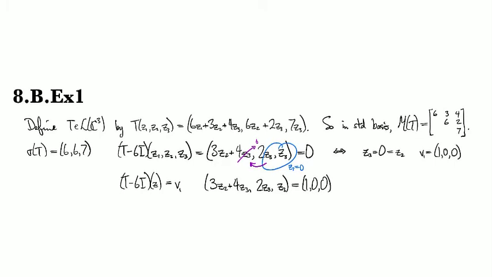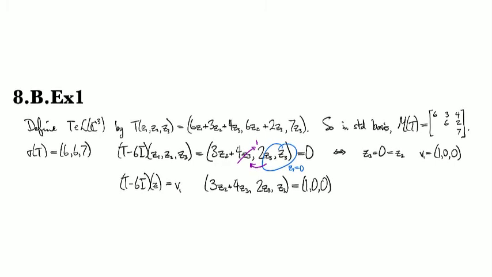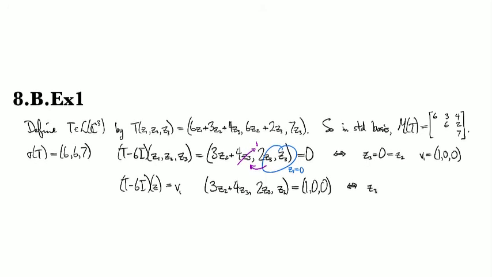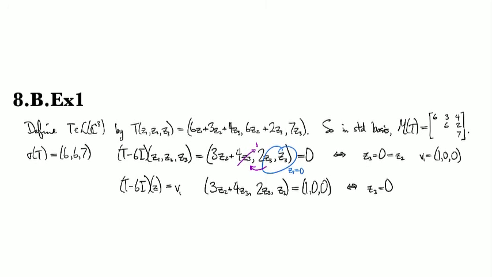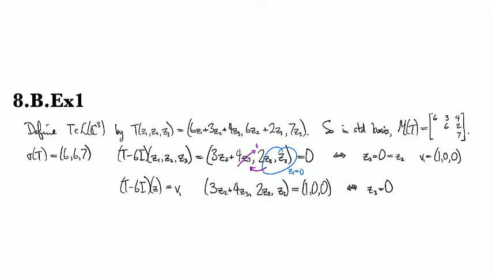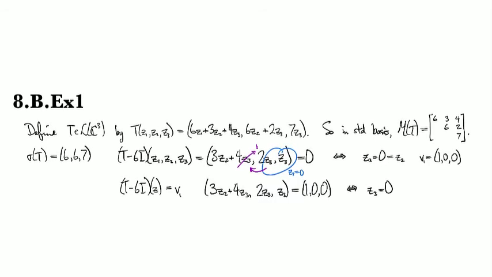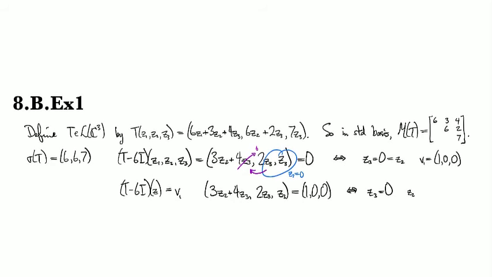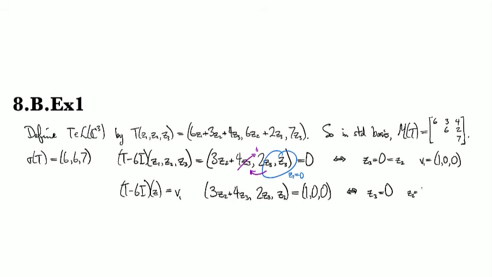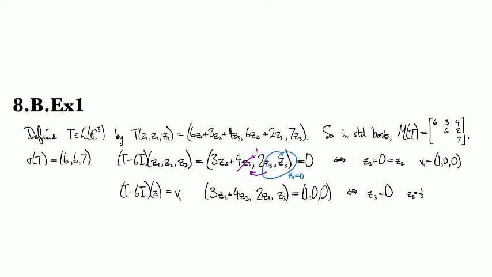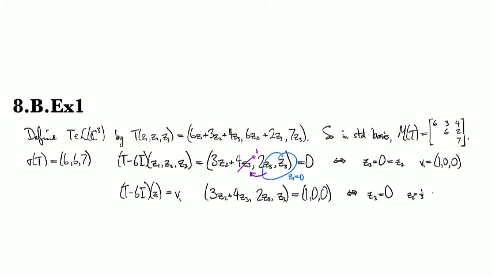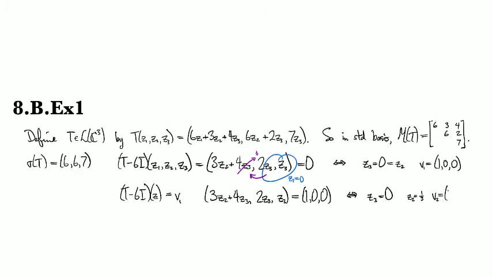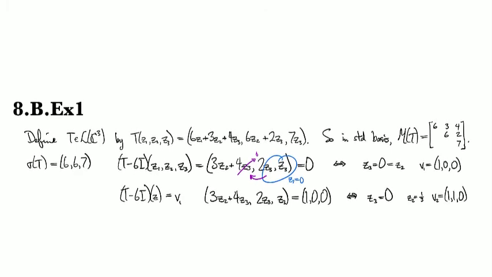Now again, this can only happen if and only if we've got z3 equals 0 by looking at the last coordinates. But then, in order to make the 1 there, we're going to take z2 to be equal to 1/3. So then we can take our second vector to be 1, 1, 0.